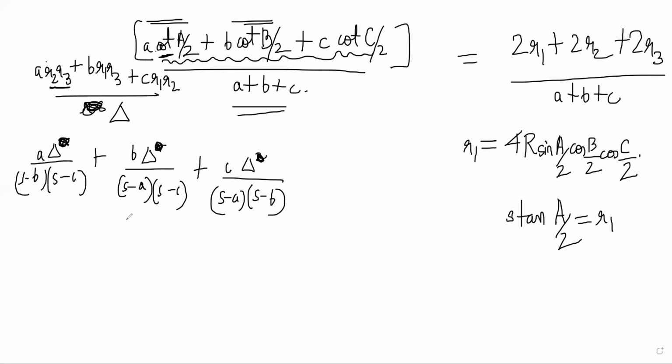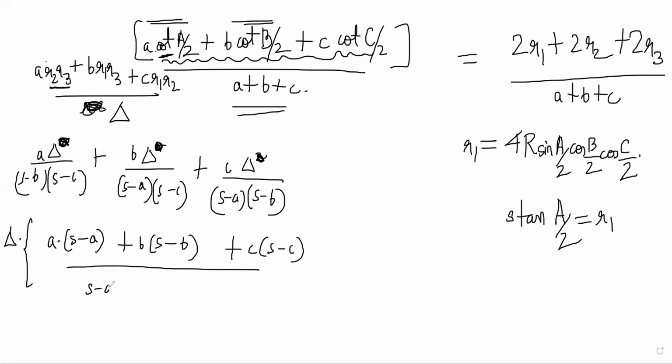So now you can take del common, and you have A into S minus A plus B into S minus B plus C into S minus C by S minus A, S minus B, S minus C, right?